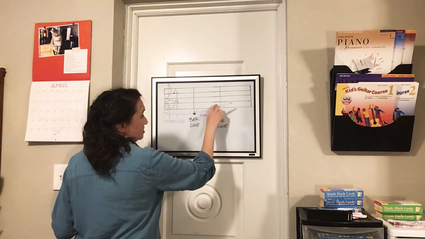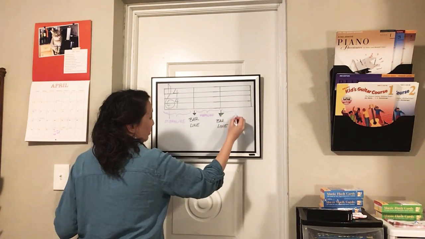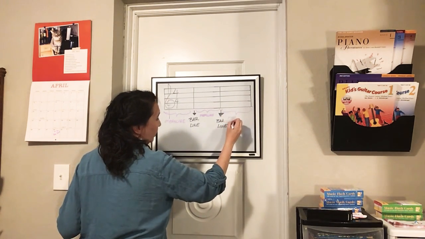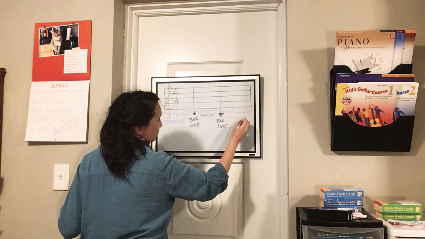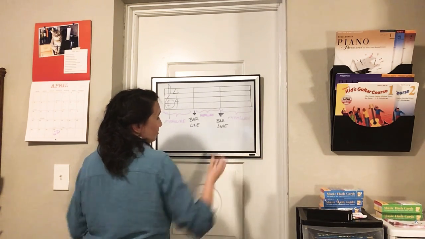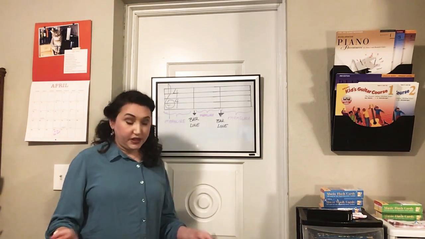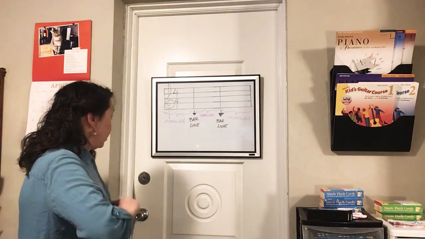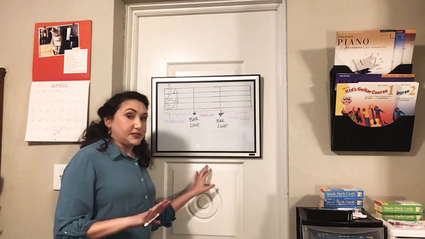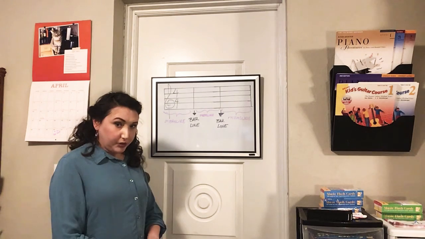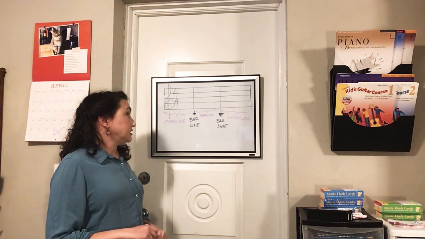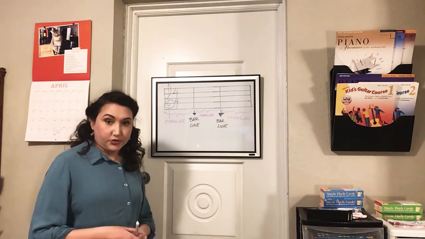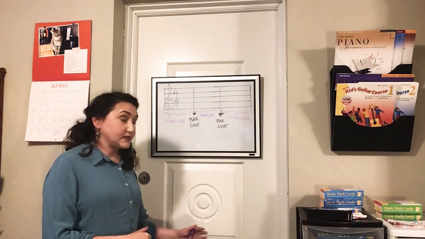The space in between this bar line and this bar line is also a measure. So you can see where I'm going with this. I'll elaborate on the time signature a little bit more in a moment. But if you rewatch this, I want you to be able to refer back to this.